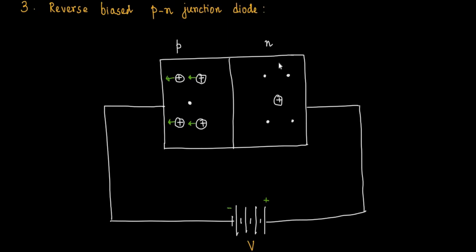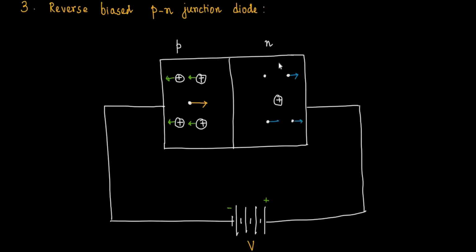What will be the direction of motion of the conduction electrons? Conduction electrons will be repelled by the negative terminal of the battery, and these conduction electrons will be traveling towards the right. Similarly, we can denote the direction along which conduction electrons will be traveling.